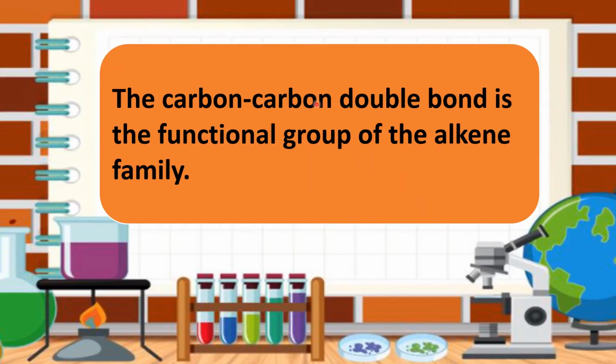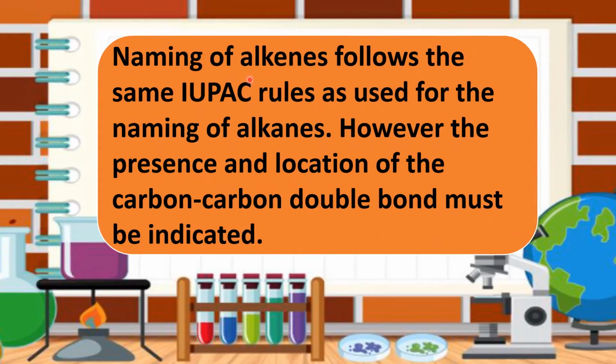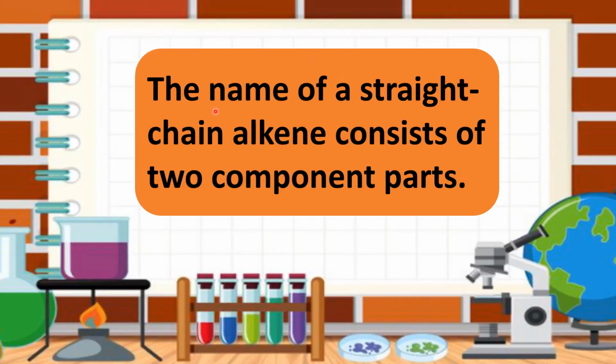The carbon-carbon double bond is the functional group for the alkene family. The naming of alkenes follows the same IUPAC rules as used for the naming of alkanes. However, the presence and location of the carbon-carbon double bond must be indicated. The name of a straight chain alkene consists of 2 component parts.